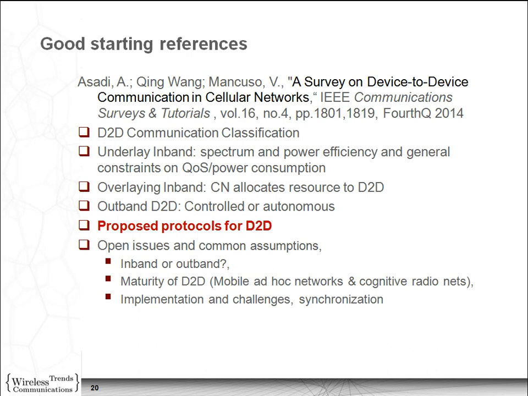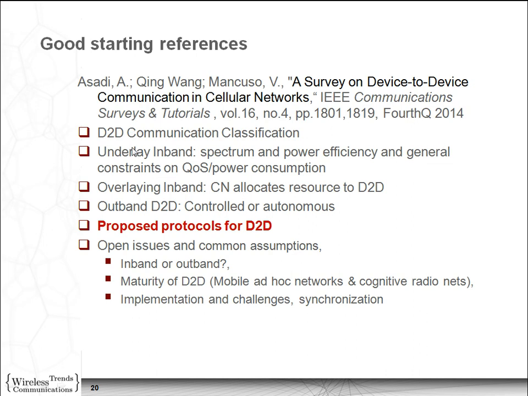So just to finish this short presentation, I want to point to three different resources that you can use, these nice references that can give you a broader idea of D2D communications. The first one is this paper, a survey on device-to-device communication in cellular networks. It's from 2014, and you have this structure.